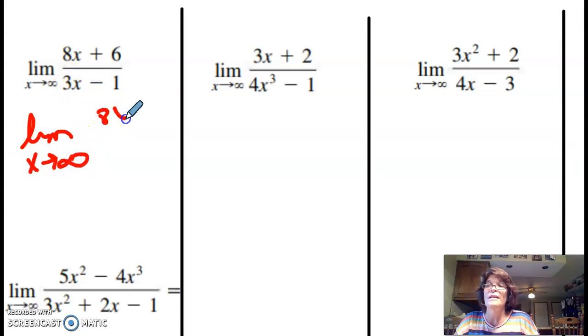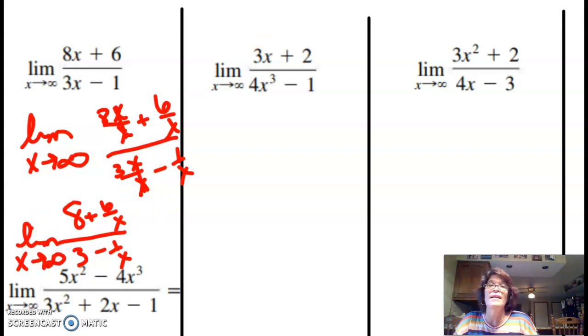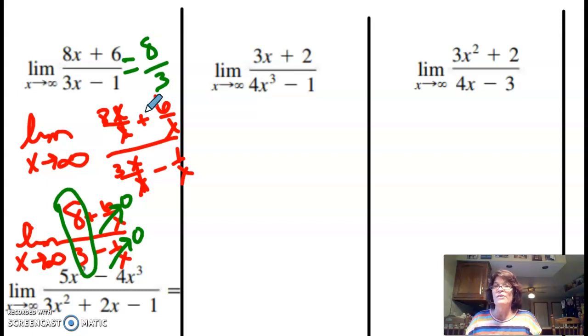So I'm going to take 8x over x, 6 over x, 3x over x, and 1 over x. The x's cancel, so I have 8 plus 6 over x, over 3 minus 1 over x, as x approaches infinity. I can take the limit of each of these terms, and the ones with x in the denominator go to 0. My final answer is just 8/3. That's the horizontal asymptote.